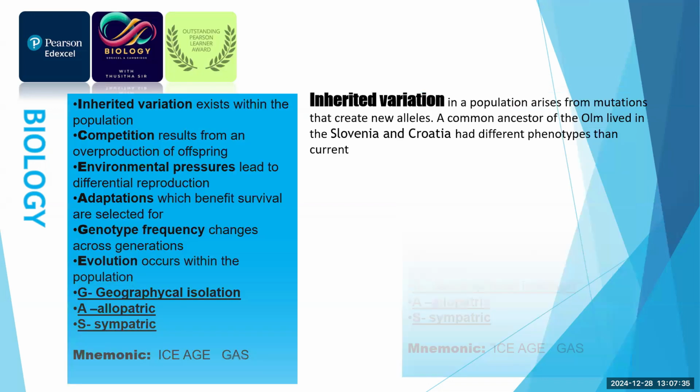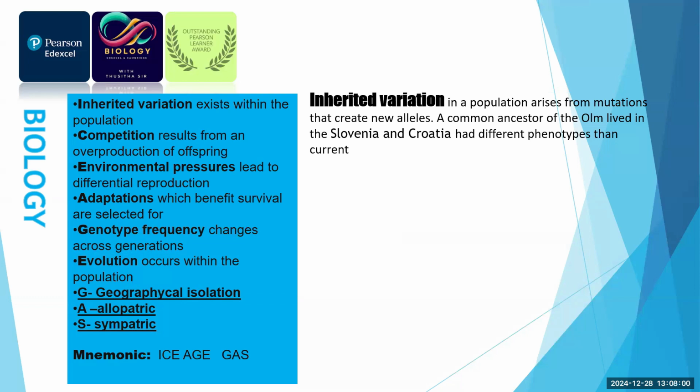I take the first one, inherited variation. In a population it arises from mutations that create new alleles. So we know that mutations can make new alleles, and new alleles may be evolutionarily advantageous for survival. The common ancestors of all lived in Slovenia and Croatia, and maybe they had different phenotypes.